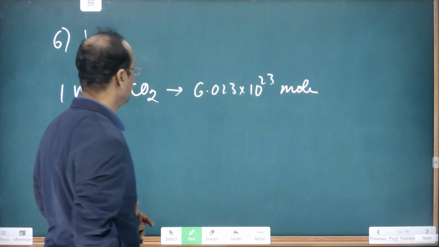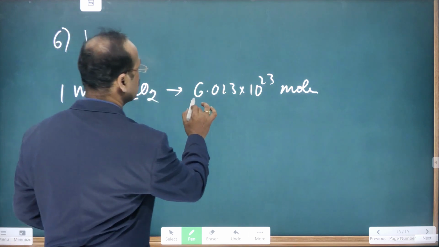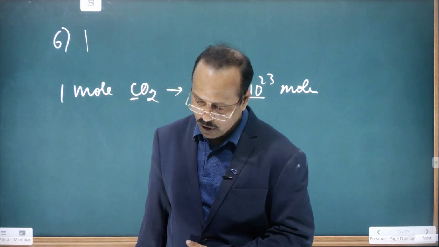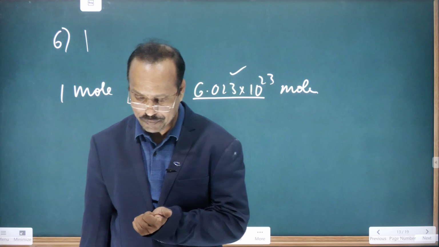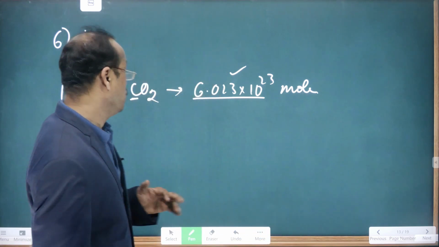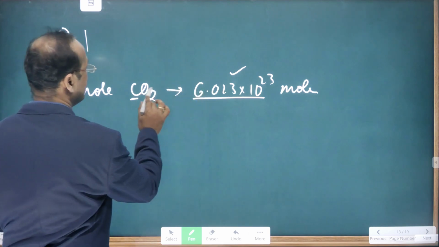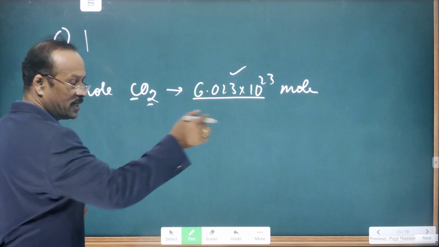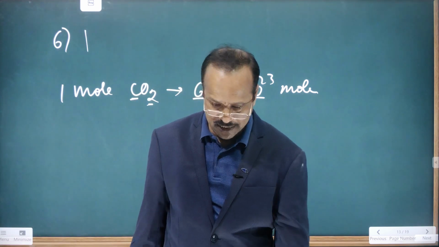But here they are asking about carbon, and 1 carbon is there per molecule. So the option is second option: 1 mole of carbon dioxide contains 6.023 into 10 to the power of 23 carbon atoms. If they ask how many oxygen atoms, then each molecule consists of 2, so you have to multiply this with 2. Here they asked about the carbon, so the second option is the right answer.